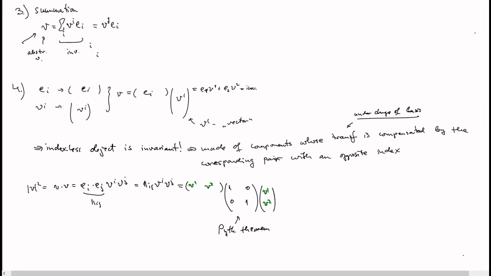By distance I mean the length of the vector. Yeah, and this just evaluates to be (V^1)^2 plus (V^2)^2. I'm not going to write it again.